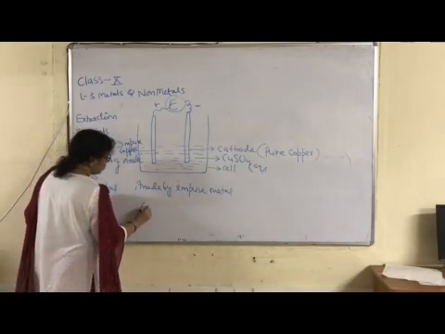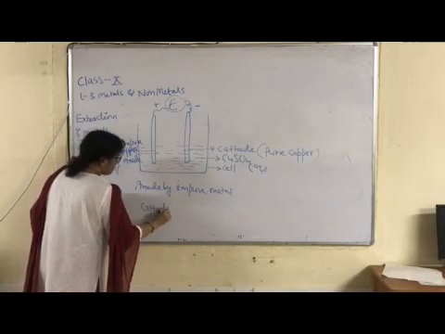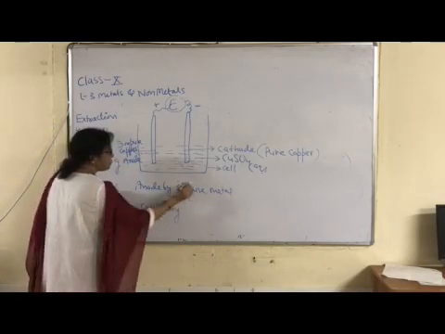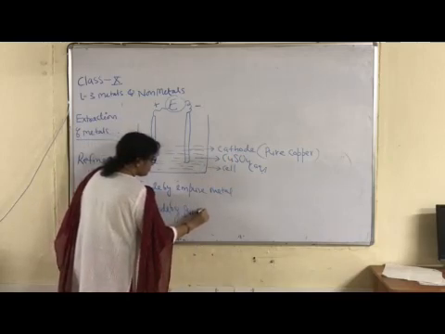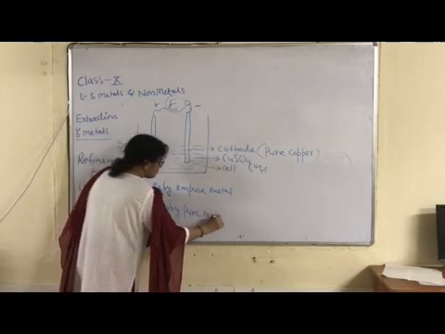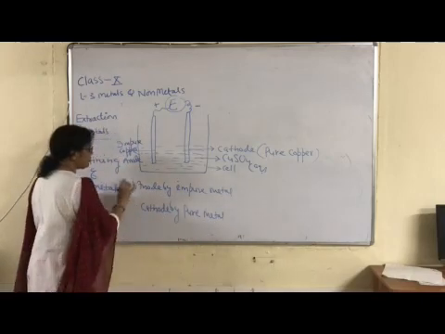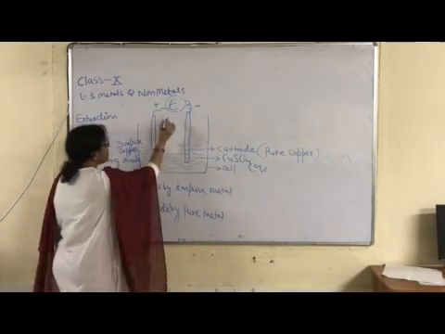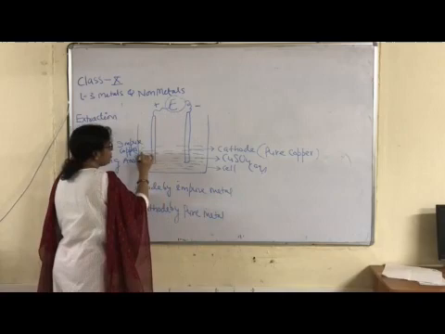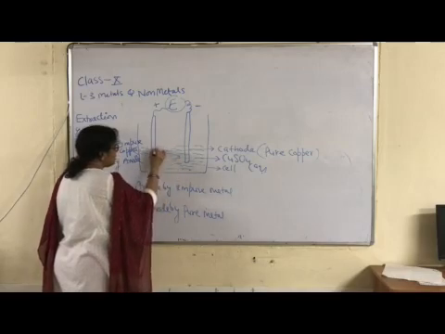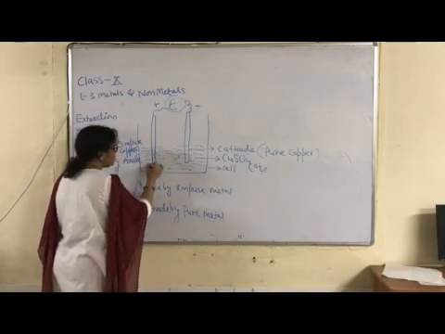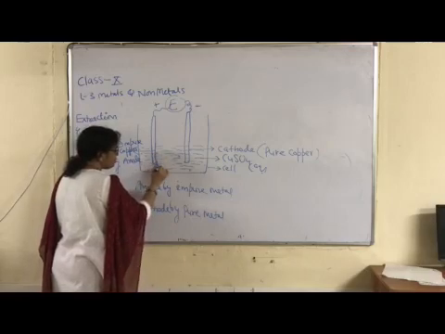And cathode is made by pure copper. Okay, children. Always oxidation occurs at anode. So what happens when electricity is supplied through this aqueous solution of copper sulfate, which acts as electrolyte, then dissolution of anode. It means oxidation of anode.